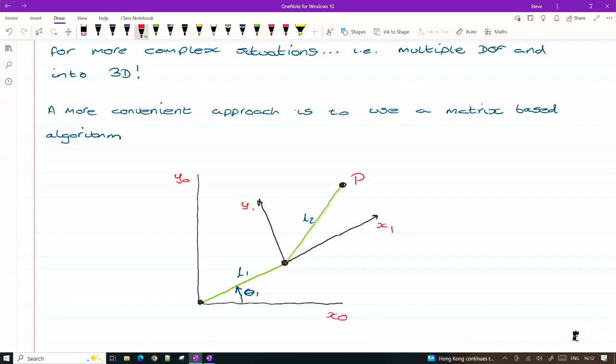What we can say is we can describe point P within that coordinate frame, x1, y1, if we know θ2 and L2.